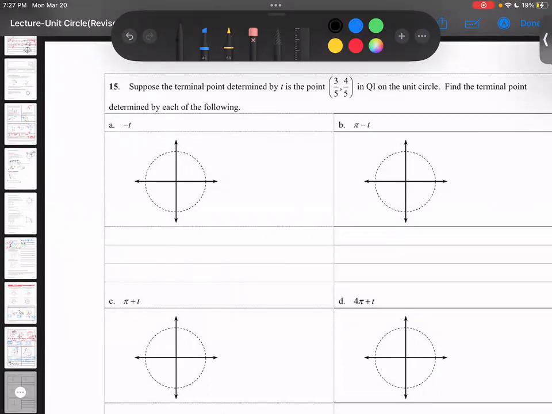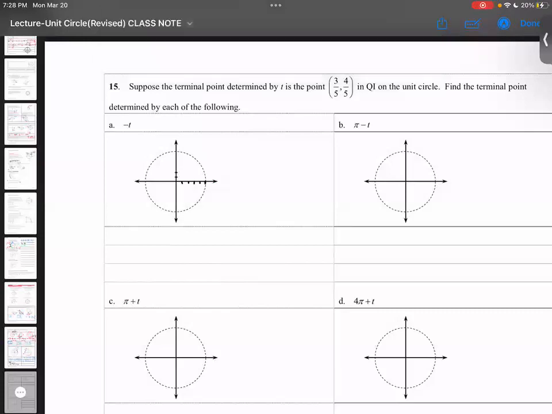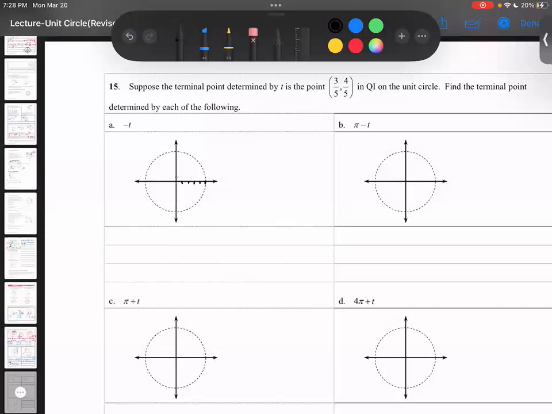So I'm going to divide this into 5 parts here. 1, 2, 3, 4, 5.